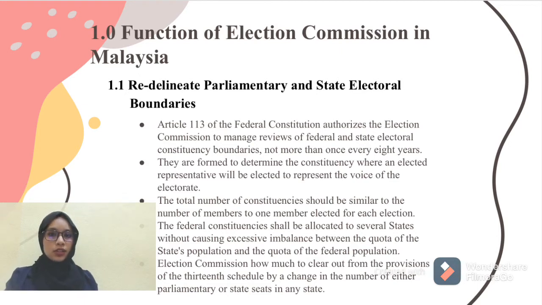Electoral constituencies are determined in two steps: the first is the apportionment of parliamentary constituencies among the many states, and the second is the delineation of both parliamentary and state constituencies in each state. The Election Commission also decides whether and how much to depart from the provisions of the 13th Schedule in extra reviews brought about by a change in the number of either parliamentary or state seats.